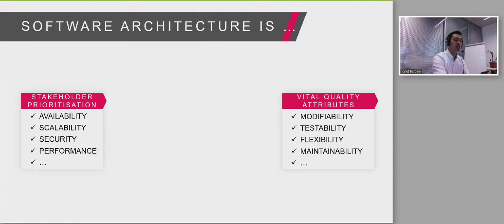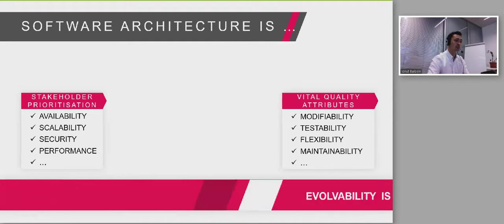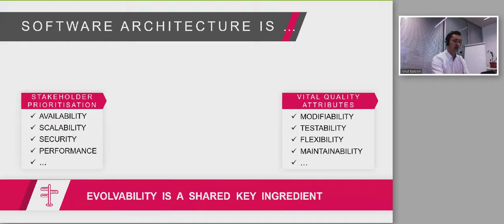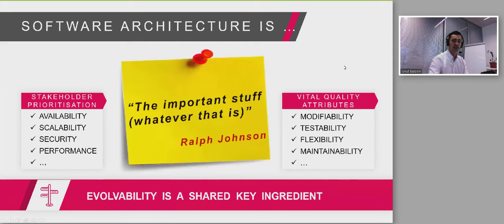These might not always come from the stakeholders. However, we as architects must be sure our product ships those, because at the end, we also have evolvability, which is another key ingredient which protects both of these categories in time.